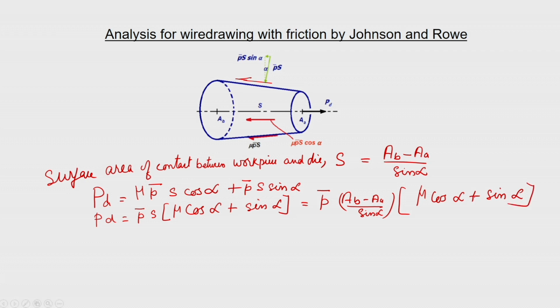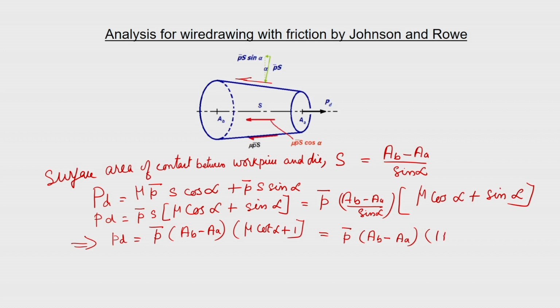You can write it like this, or you can just write that your draw force P d is equal to your die pressure into (AB minus A) into (mu cot alpha plus 1), or you can write it as P bar into (AB minus A) into (1 plus B).